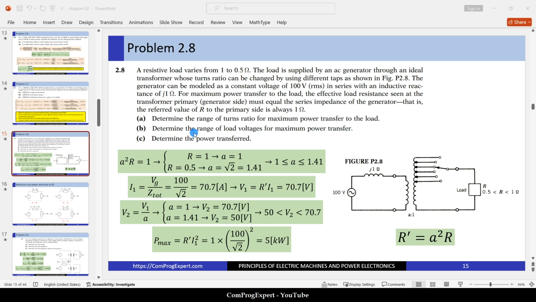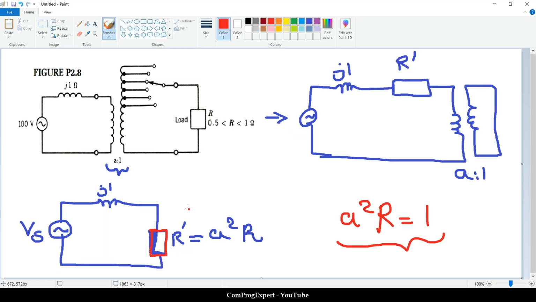Determine the range of load voltage for maximum power transfer. So, how can we calculate the voltage here? What is the value of the current I1?